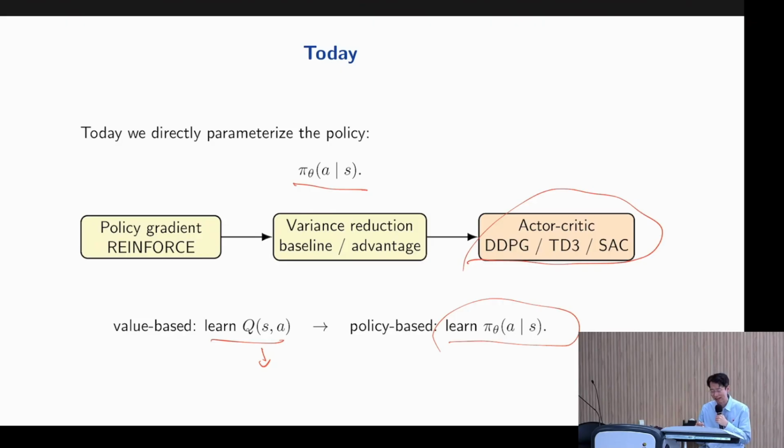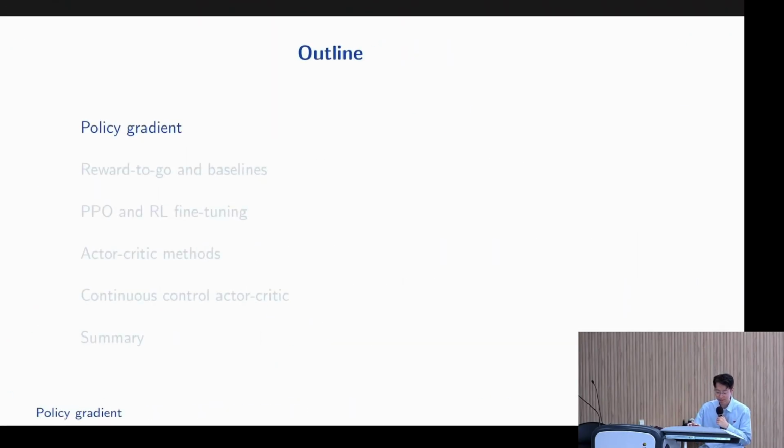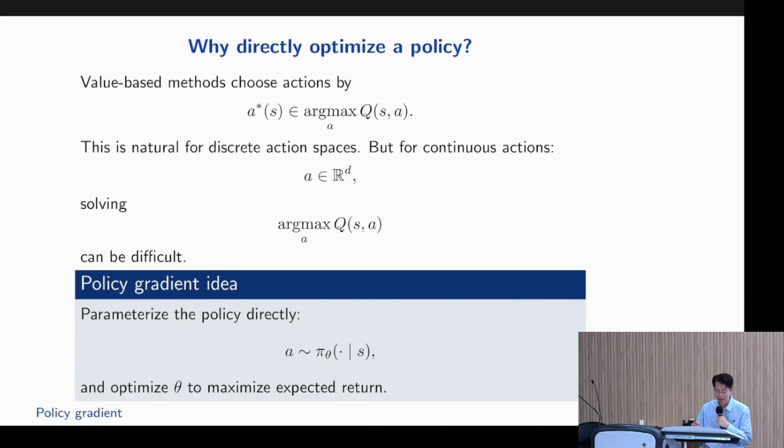That would be ideal. Previously in value-based methods, we chose actions by first learning the Q and extracting the policy by querying what's the best action for a given state.